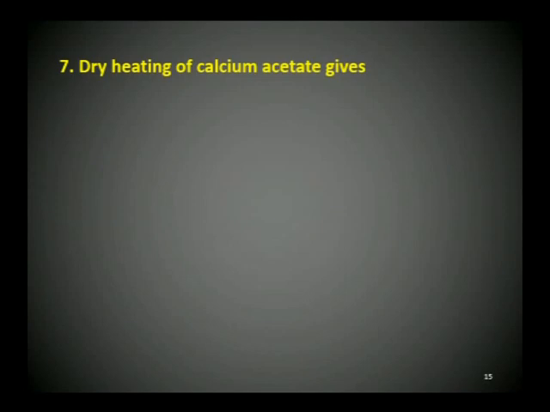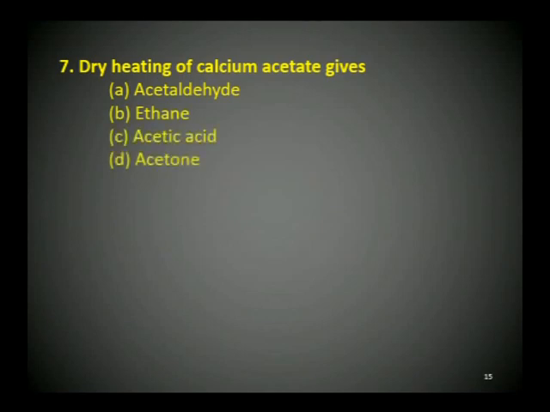Question number 7. Dry heating of calcium acetate gives. In other words, dry heating is otherwise called as dry distillation also. Dry heating of calcium acetate gives, the options given are acetaldehyde, ethane, acetic acid and acetone.